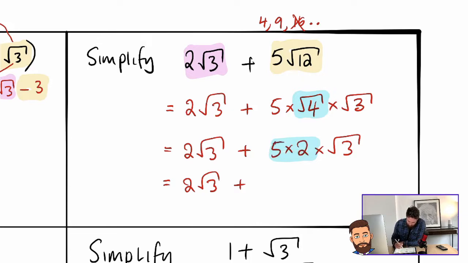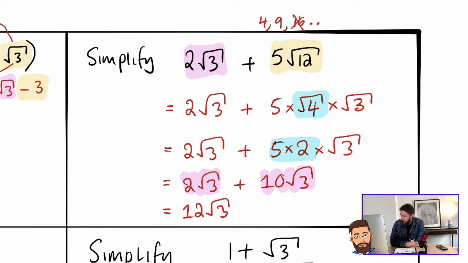Because we can times those, that would be 10 root 3. Surprise, surprise, we can now add them together because we have the same root of 3. So 2 root 3 plus 10 root 3 would be 12 root 3. And that would be that question done. Hopefully you managed to get that.